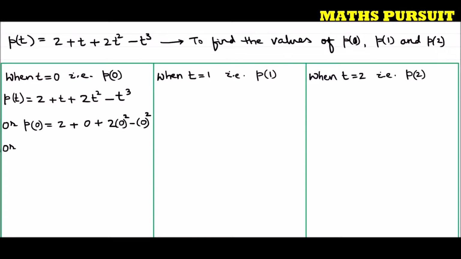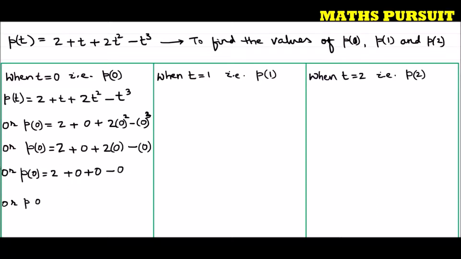Or P(0) is equal to 2 + 0 + 2, 0 to the power 2 is 0, minus 0 to the power 3 is also 0. Or I can write P(0) = 2 + 0 + 2 times 0 is 0, minus 0. Or P(0) is equal to 2. This is what we got here.